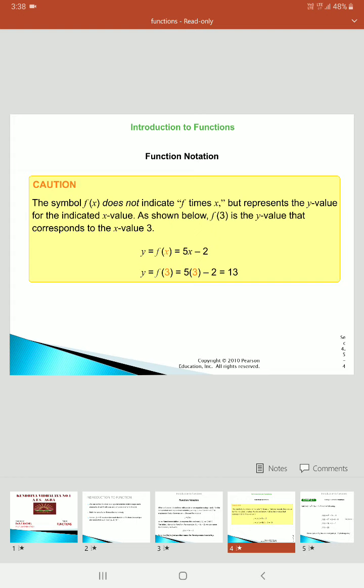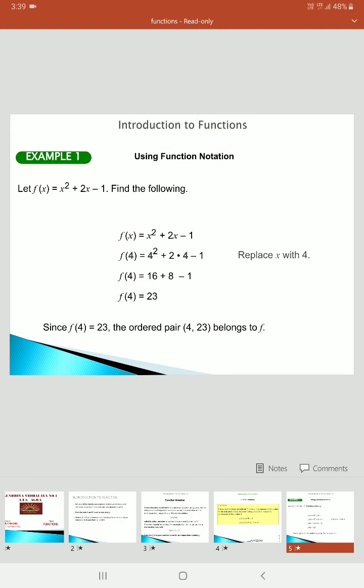As shown below, f(3) is the y value that corresponds to the x value 3. Therefore, y equals f(x) equals 5x minus 2. So, y equals f(3) equals 5 of 3 minus 2 equals 13.